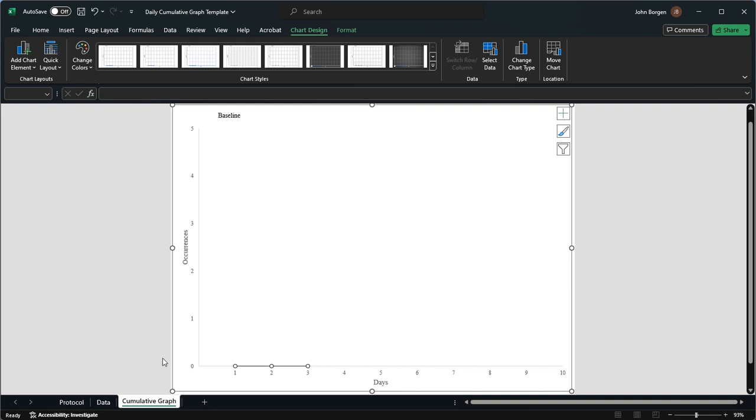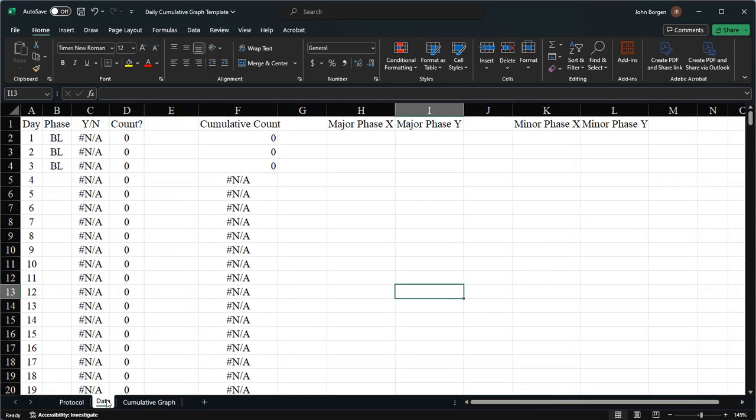Now this graph and this spreadsheet is going to have a little bit more to it than the previous ones, but I will walk you all through how this works. I'm zoomed in a little bit here. We have major phase X and minor phase X still available so that we can see the difference between baseline and treatment, or changes within a treatment. We no longer have changing criterion because that does not interface with the cumulative graph.